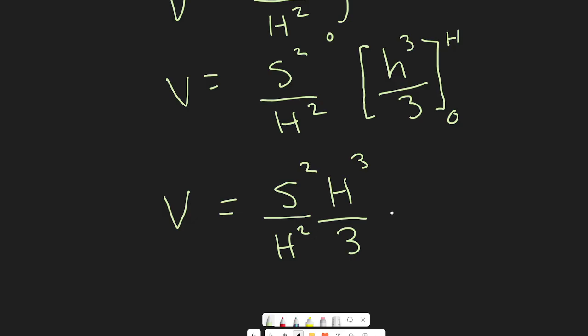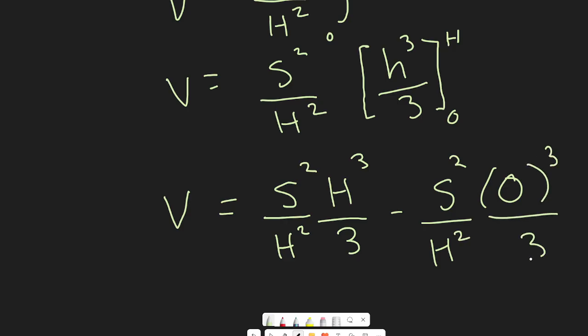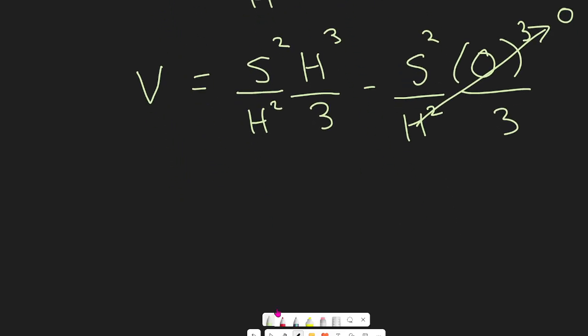And then you have minus, well, you substitute 0, so S squared, and then 0 cubed divided by 3, divided by H squared, so this cancels out to 0. And then you get your final answer. These two cancel out, right? So you get S squared H divided by 3.